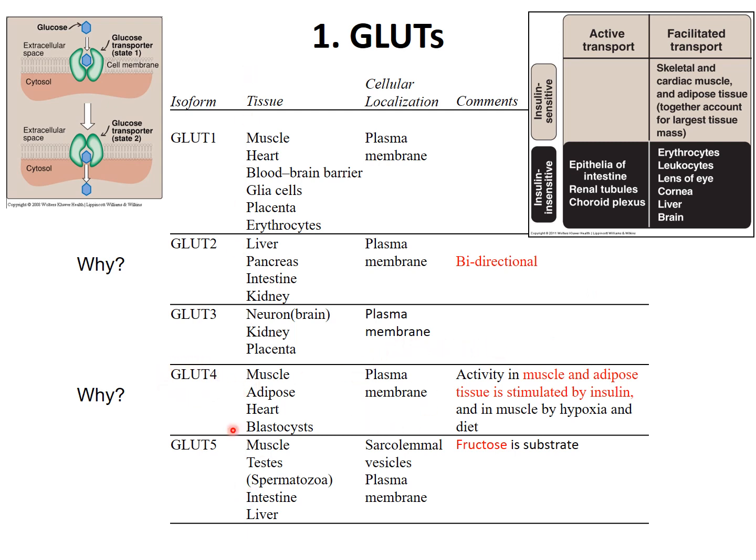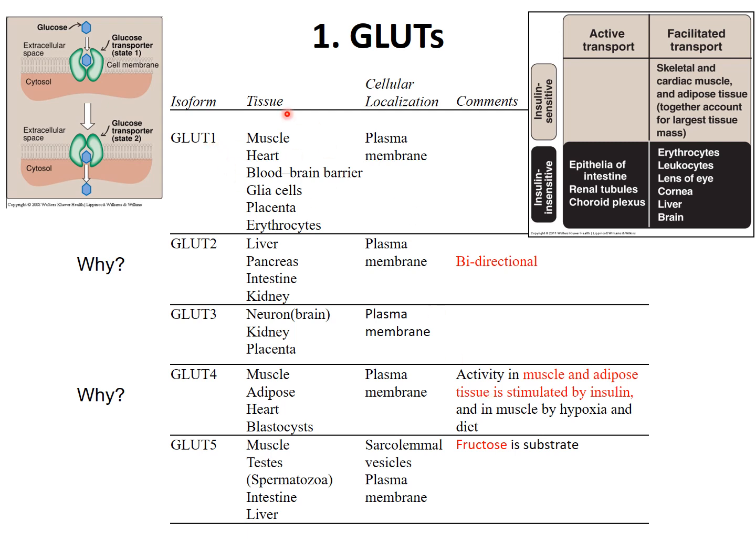Among all of this, GLUT4 is the only one which is insulin sensitive, and I will show you how. You remember muscle, adipose, other muscle, which is the heart muscle, has this GLUT4 on the surface, and this is where insulin will send the signal to take up glucose.